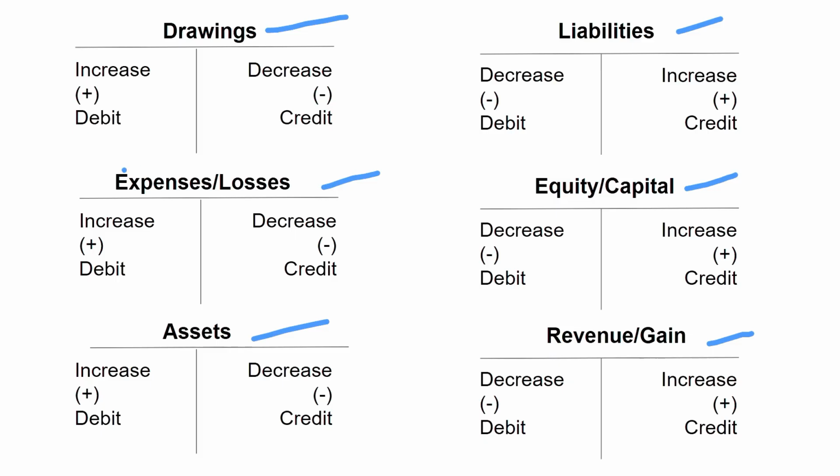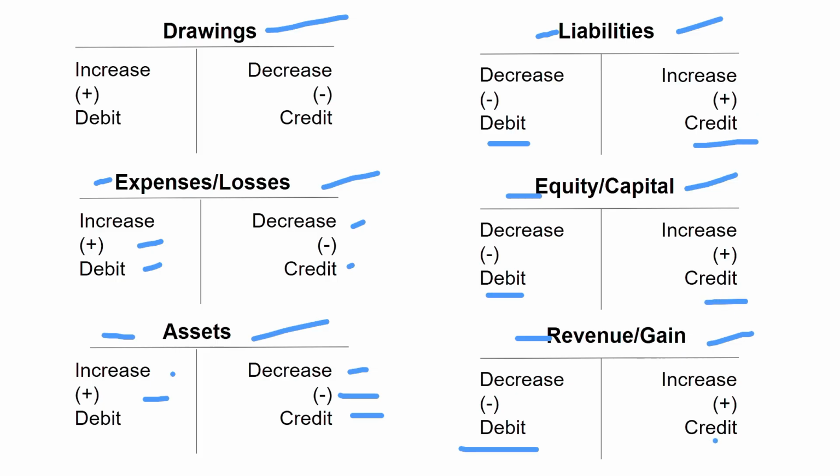Now the logic is simple. Expenses and assets increase on the debit side and decrease on the credit side. On the other hand, liabilities, equity and capital, and revenue and gains decrease on the debit side and increase on the credit side.